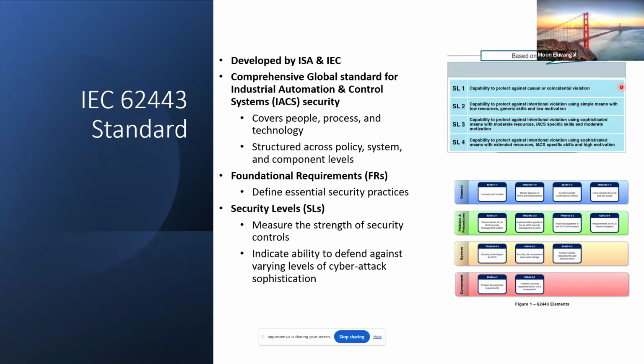foundational requirements, or you can consider it as 7 different domains of cybersecurity, in which there are cybersecurity requirements, SRs, and there are around hundreds of such controls. I think it is 101 controls defined by the 3-3 standard.